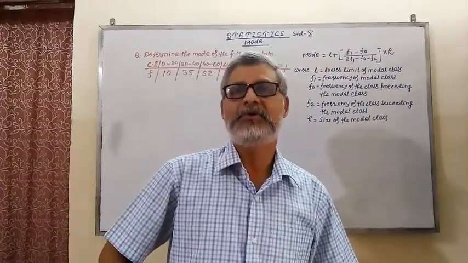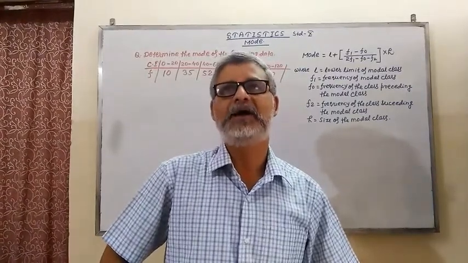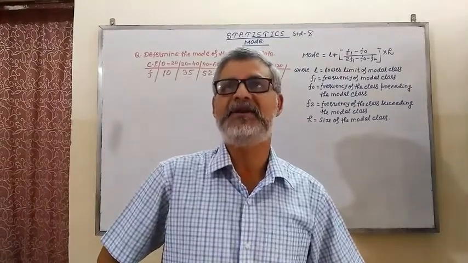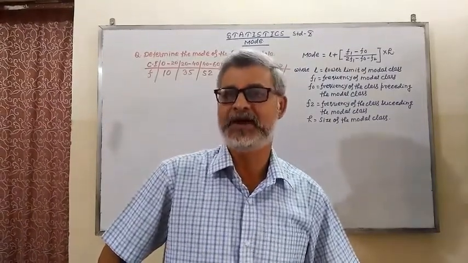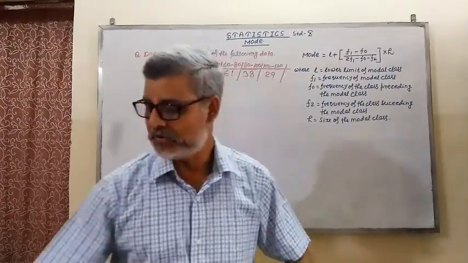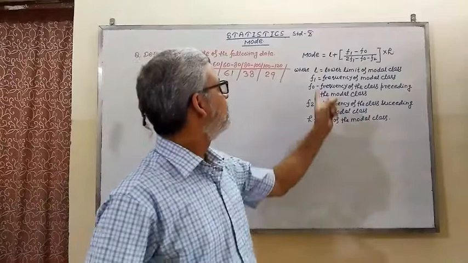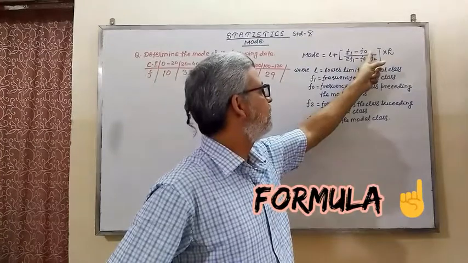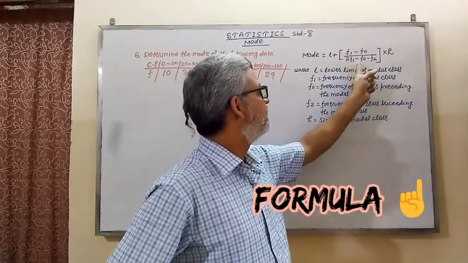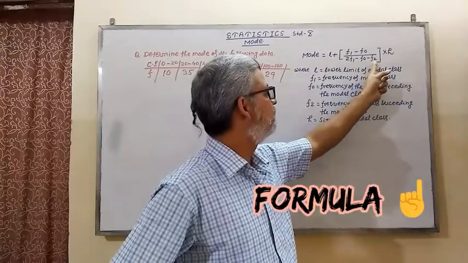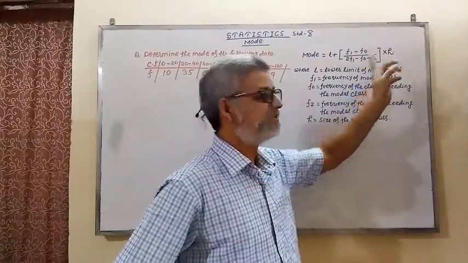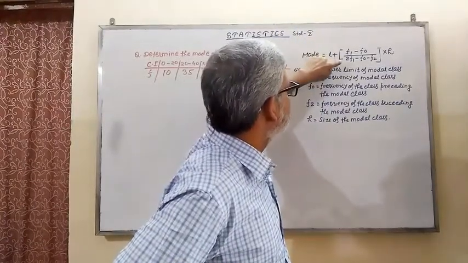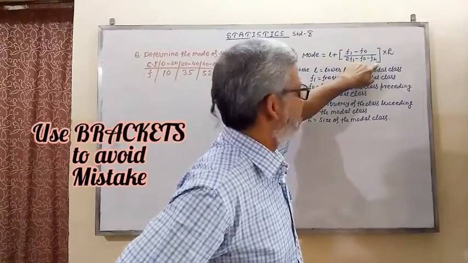For grouped data mode, the main thing is the formula, and the formula has some symbols. Students make mistakes in the values of these symbols. The formula is: mode is equal to L plus, in brackets, F1 minus F0 divided by 2F1 minus F0 minus F2, bracket close, into H. I suggest that when you write the formula for mode, always use this bracket.